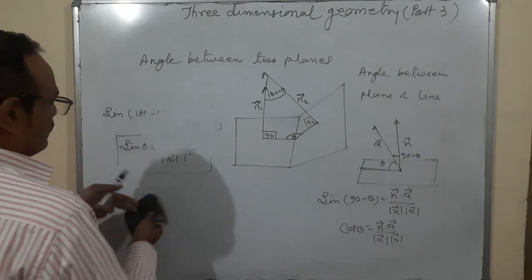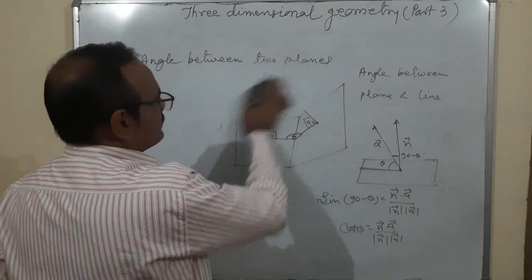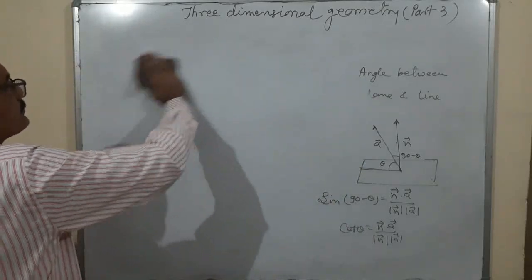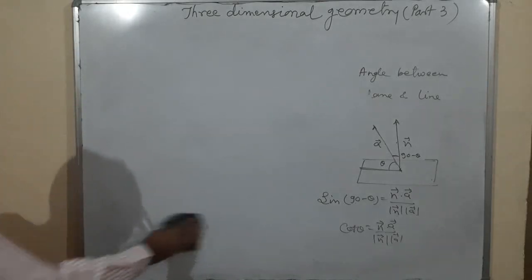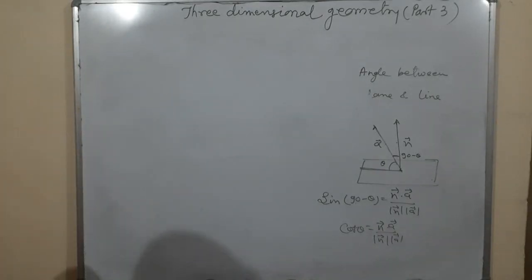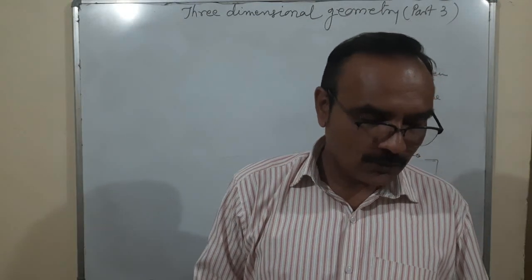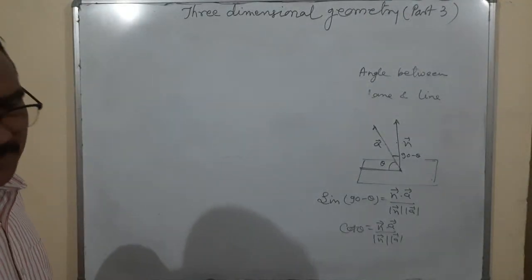One last point, that is to find the distance from the origin. Because in two-dimensional geometry, how do we find the distance? Ax1 plus by1 upon under root of a square plus b square.